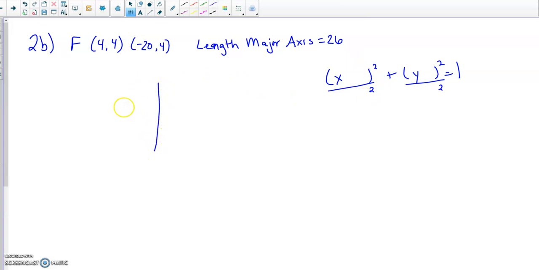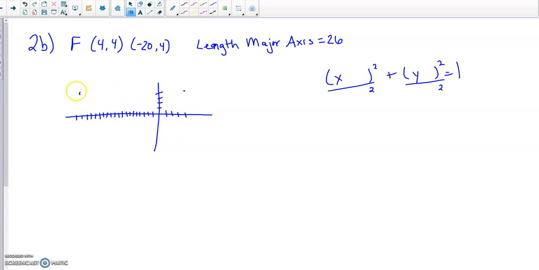And oh, I already hear somebody complaining. Okay, so 1, 2, 3, 4. 1, 2, 3, 4. Okay. 1, 2, 3, 4, 5, 6, 7, 8, 9, 10, 11, 12, 13, 14, 15, 16, 17, 18, 19, 20.